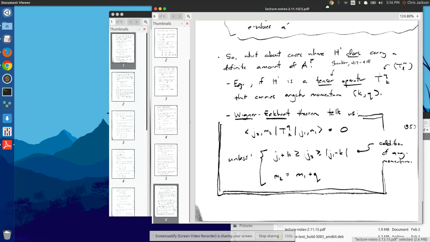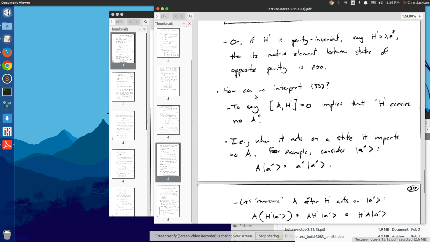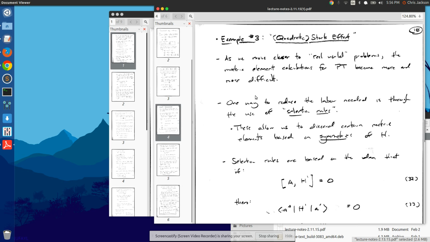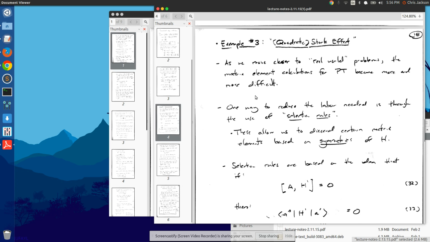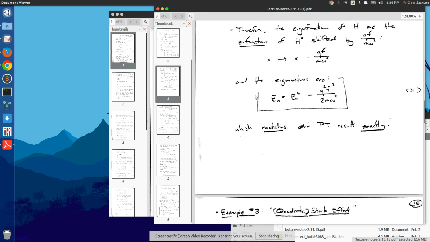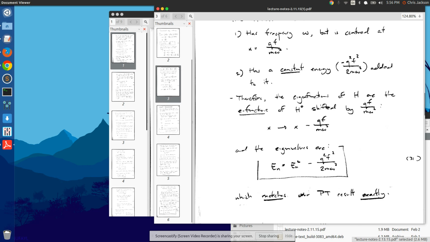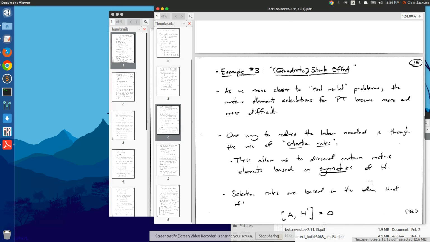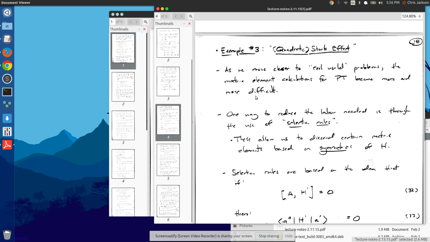Let's see. Last time we left off, we had started to talk about what's called the quadratic Stark effect. We had been talking about a couple of examples in non-degenerate time-independent perturbation theory, and we were slowly working our way up the ladder as far as complexity goes.